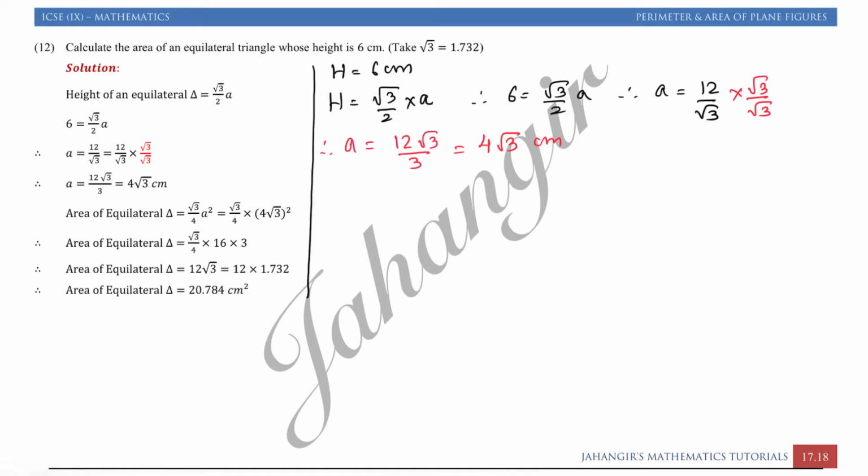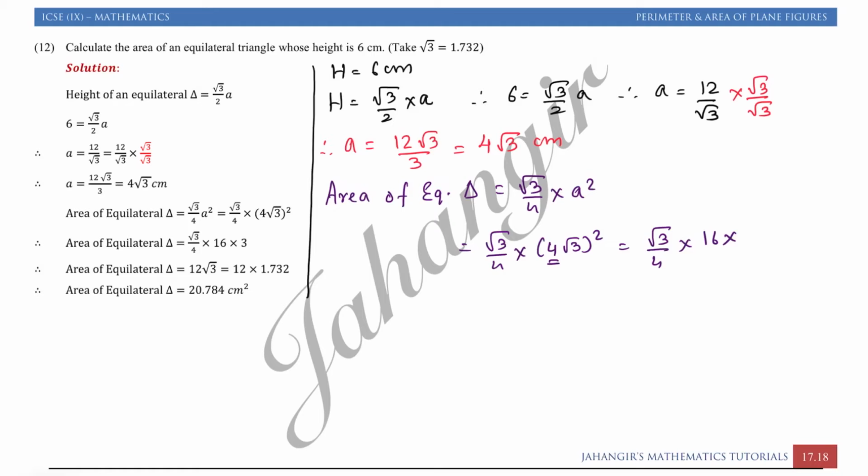We need area, so we can write area of equilateral triangle is equal to root 3 by 4 into side square. So that will give you root 3 by 4 into 4 root 3 whole square. So that can be written as root 3 by 4 into 4 square is 16 and root 3 square is 3.